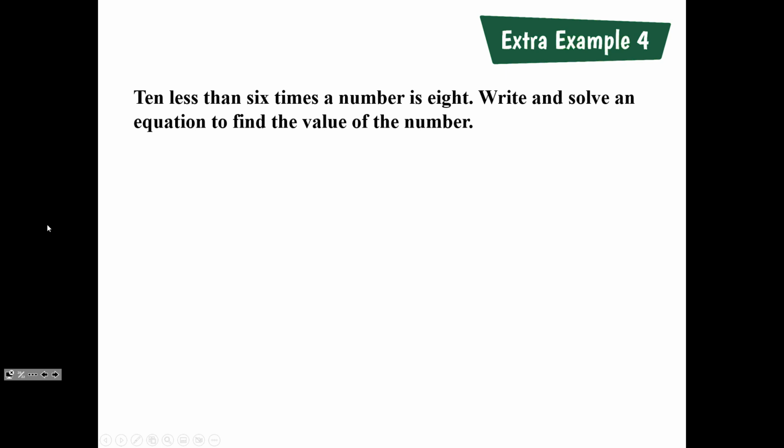We're almost done, and then I'll pull up the assignment that you guys have. Yeah, so write out your equation and then solve it. The variable? Yeah, you can do that too.